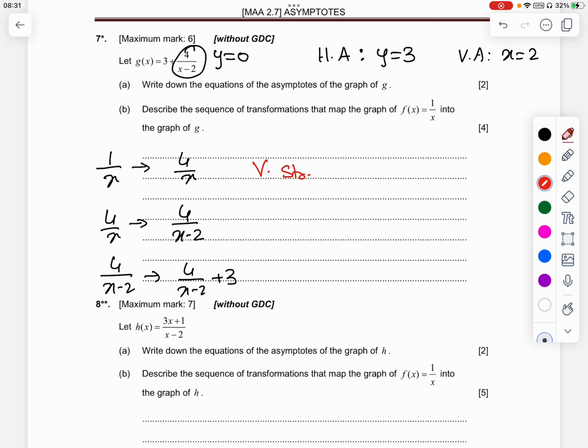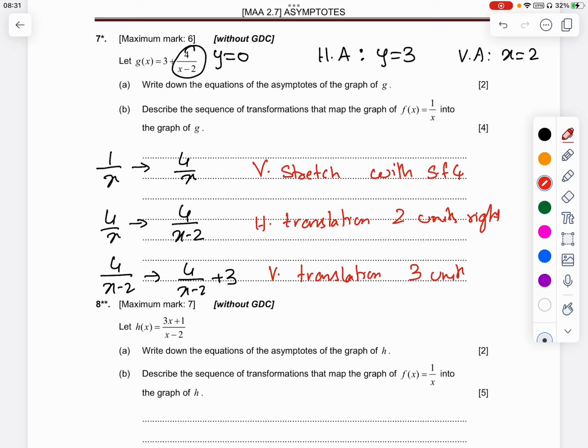Use the exact words: vertical stretch with scale factor 4. Then this one is horizontal translation, 2 units right. And this is vertical translation, 3 units up.